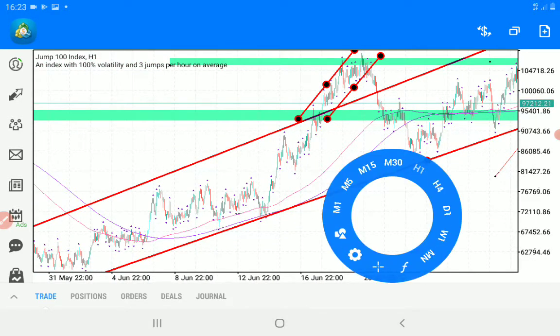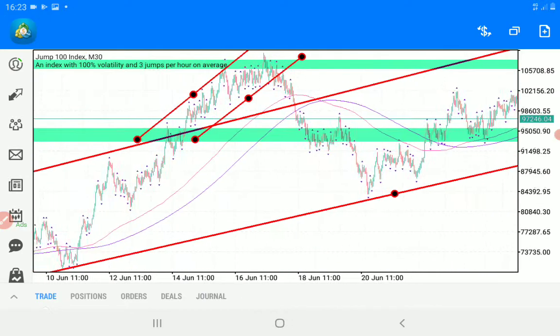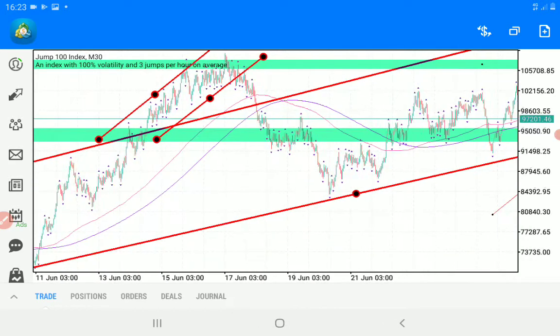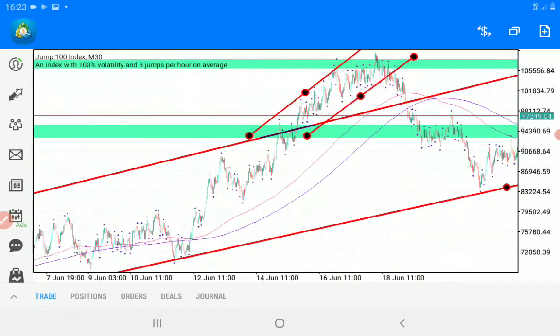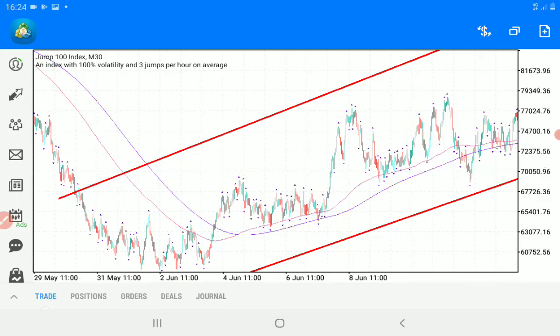Okay, and now let's go to 30 minutes time frame. On a 30 minutes time frame, there's not much information I can give you, because that's the same thing. So 4 hours is usable.